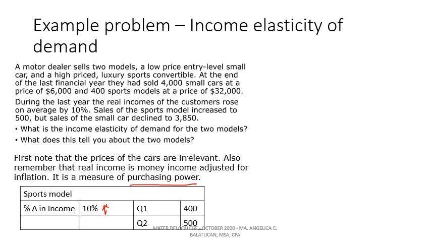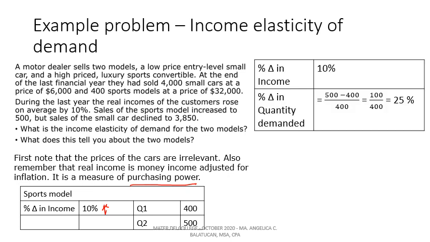So there was an increase of 100 sports model cars. So therefore, to get the essential components of our formula, we need to get the percentage change in the quantity demanded over the percentage change in income.